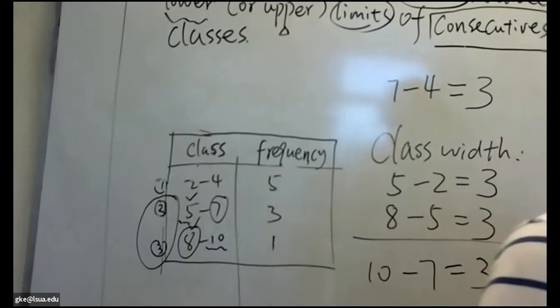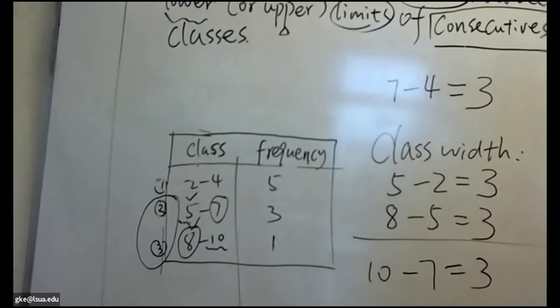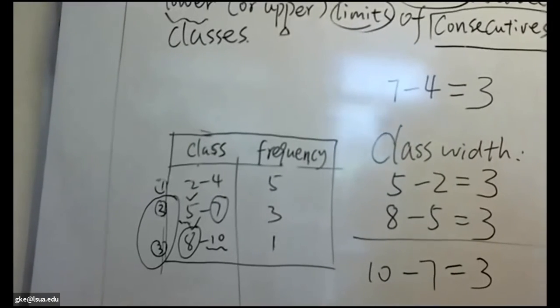Whatever method you pick, you always get 3. Clear? Very good. Okay, let's continue.